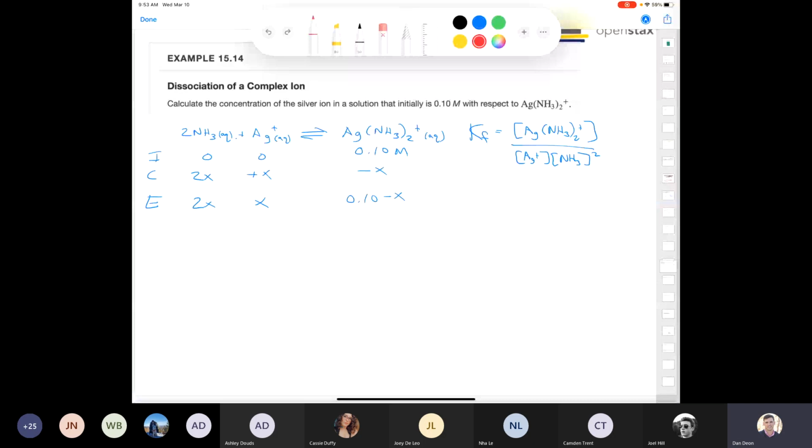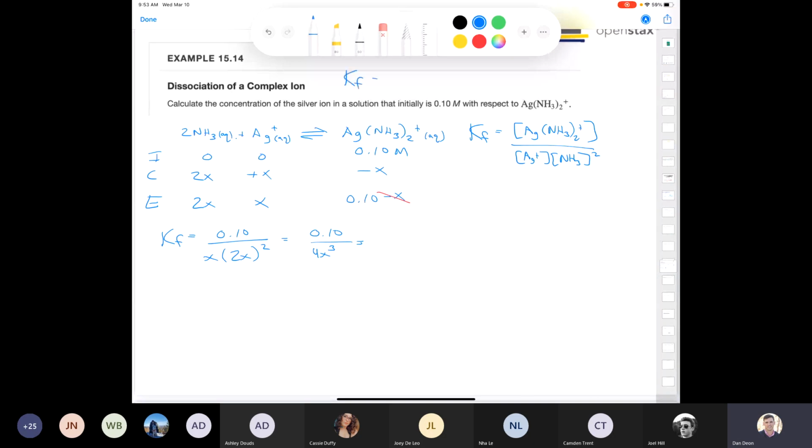So we're going to cross this out, and we're going to write our Kf is going to be equal to 0.10 divided by x times 2x squared, right? Because the ammonia is 2x. So that means our Kf is equal to 0.10 divided by 4x cubed, which again is equal to our Kf.